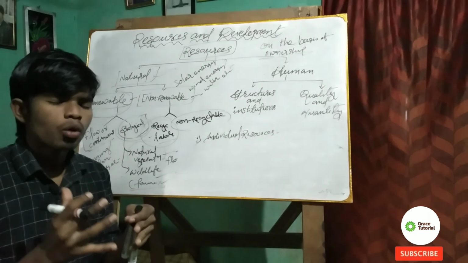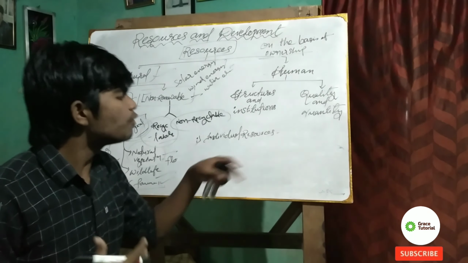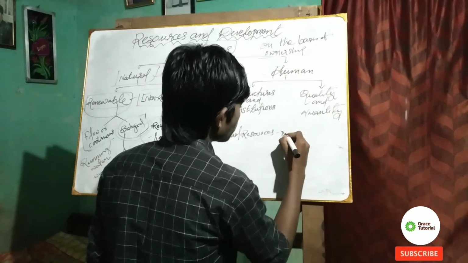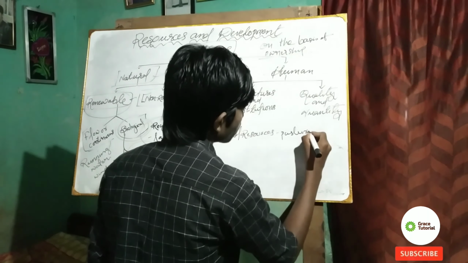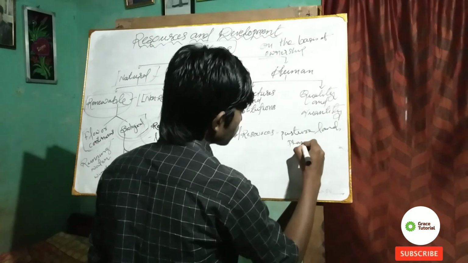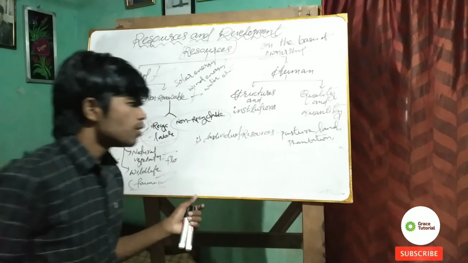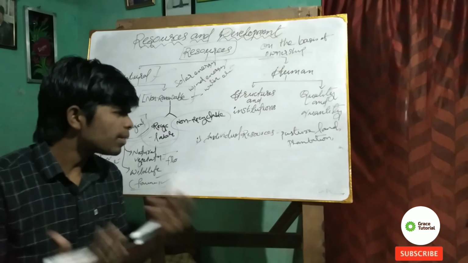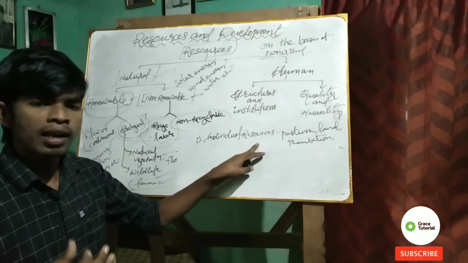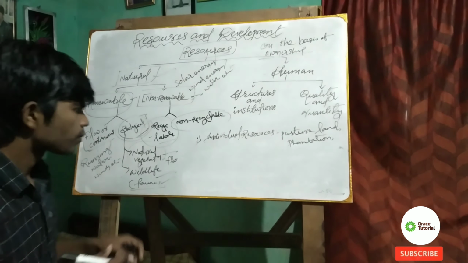Those resources which are owned privately by the individual are known as individual resources. For example, pasture land, plantation, farmland, etc. These are the resources which are owned by the individual. That's why these resources are called the individual resources.